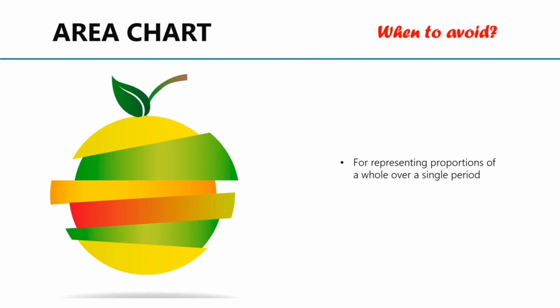When to avoid area charts. Obviously, similar to line charts, area charts are not suitable for representing parts of a whole over a single period. In our example, we can't use an area chart to show the proportion of revenues each division generated in, say, 2018 alone. So that's a situation where we can't use an area chart.